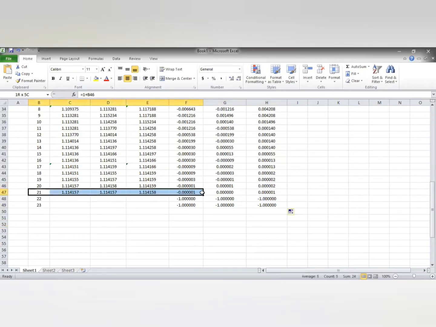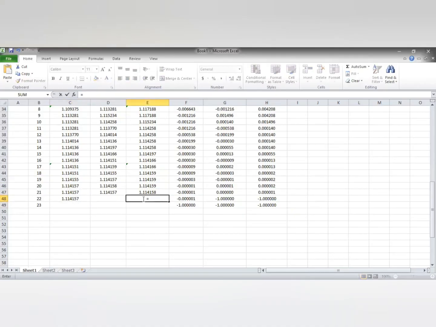Okay, so at the 21st iteration, we already have 0.00. So for the function of C, if we try to make everything equal to 0, we will have here for the right end, the left end, and, okay, we already have 0, 0, 0. Then we have negative.